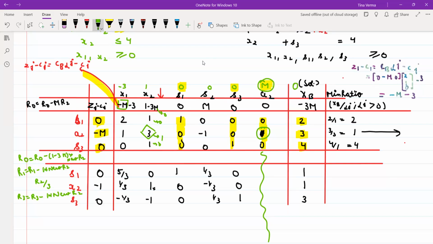Is it clear? So only for this calculation I was telling you that you can take m as a very large value अगर आपको calculation difficult लग रही है. Is it clear? So when you write it, I am multiplying the same element with this and subtracting it so that it becomes 0.